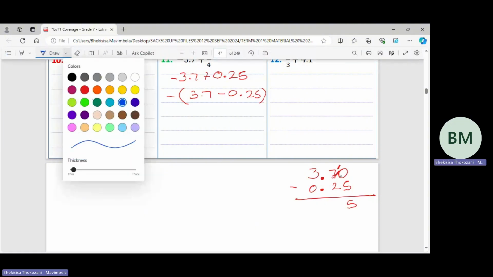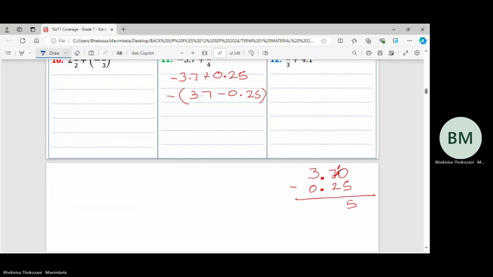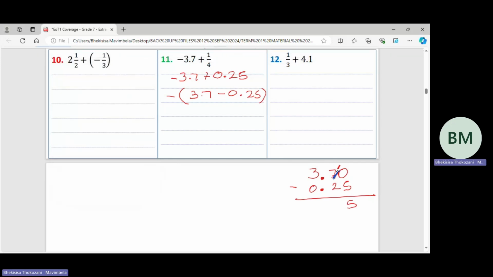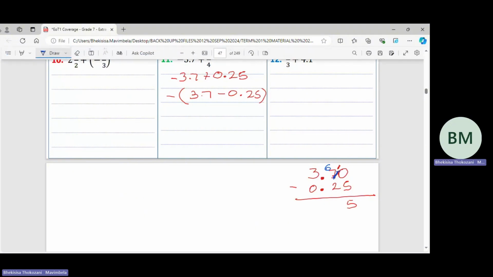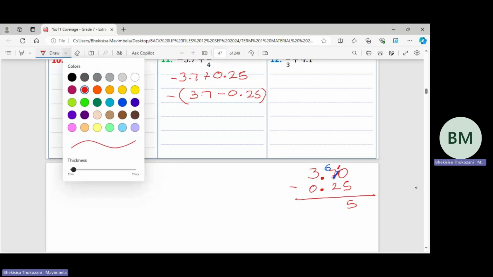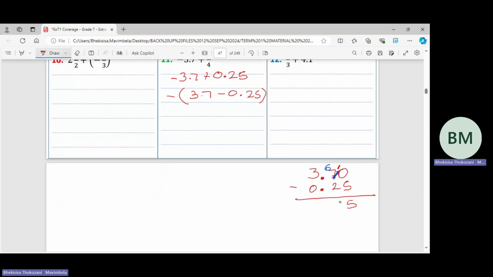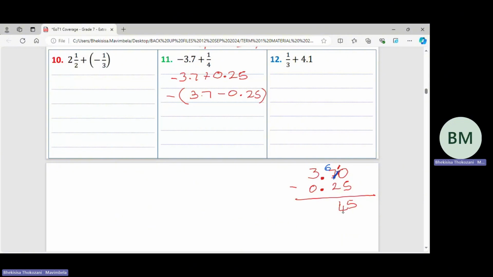Okay. This means I'm canceling this 7. It's no longer 7, but now I'm left with 6. I'm doing this on purpose because I've seen some of the boys, they forget these things here. So now what is 6 minus 2 will be 4, right?